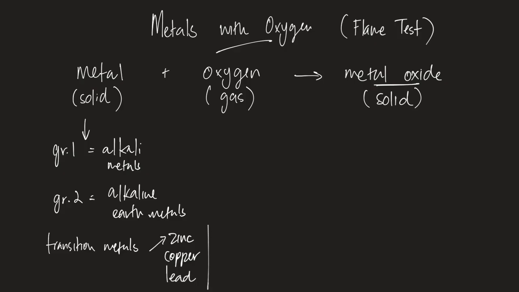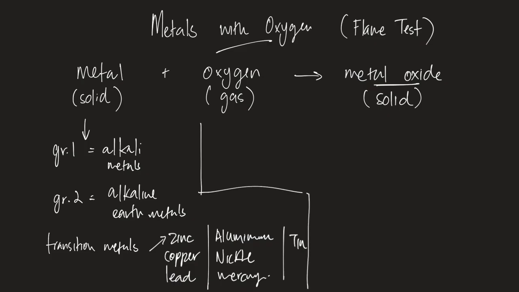So you need to know these formulas: zinc, copper, lead. There's aluminium. They can give you nickel. They can give you, let's say, mercury. They can even give you things like tin. So those are all the different metals.